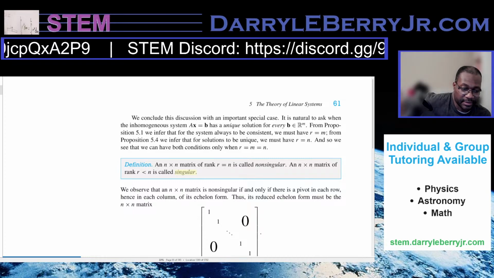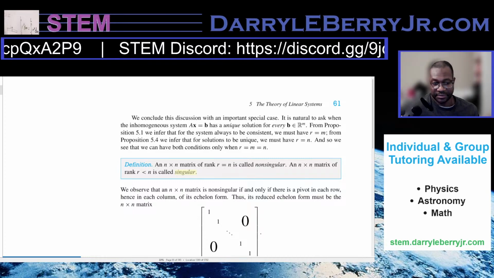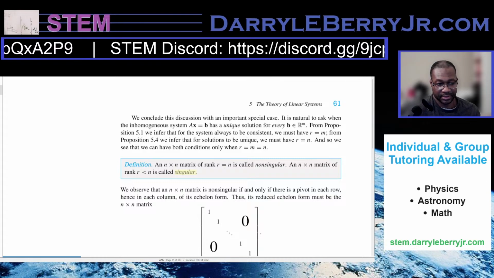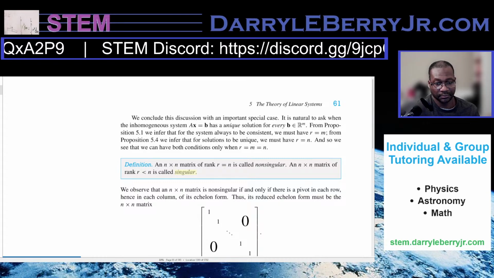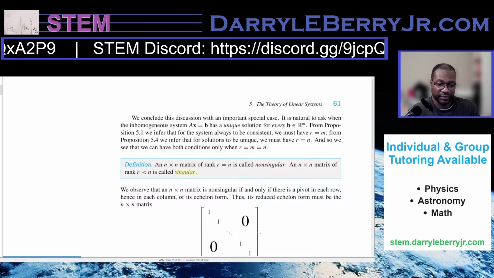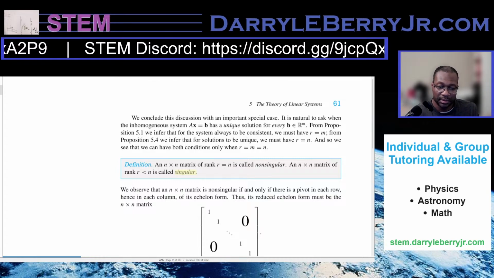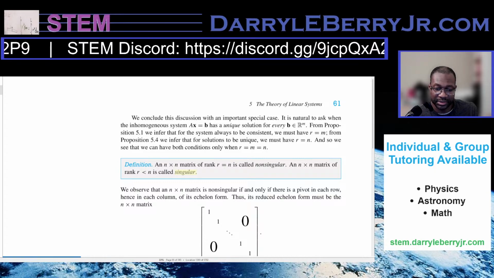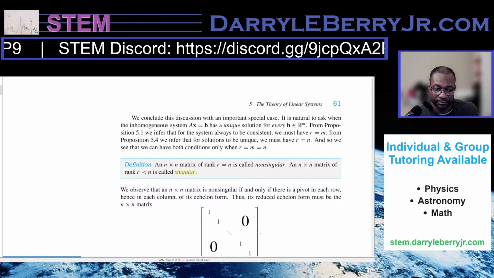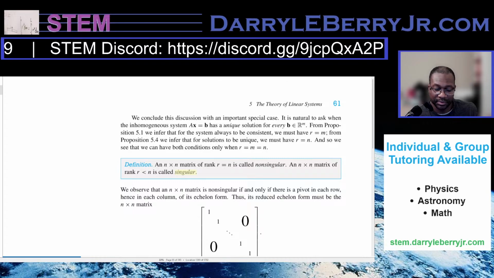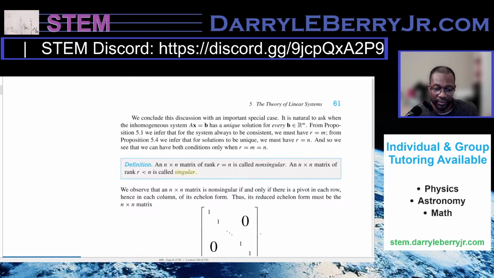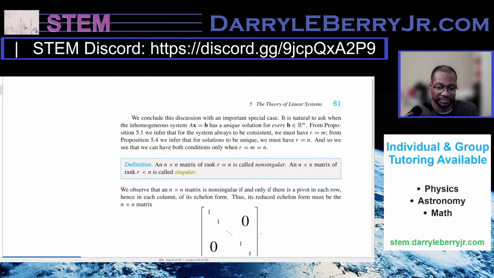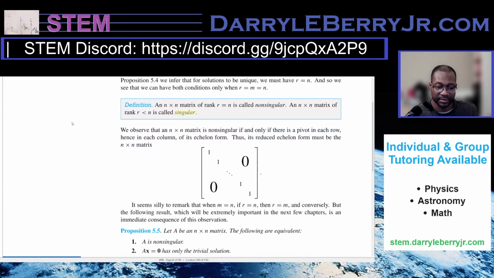So if it has fewer pivots than it has columns, then it's singular. So non-singular means there's a pivot in each row, hence in each column of its echelon form. Thus, its reduced echelon form must be the n by n identity matrix.